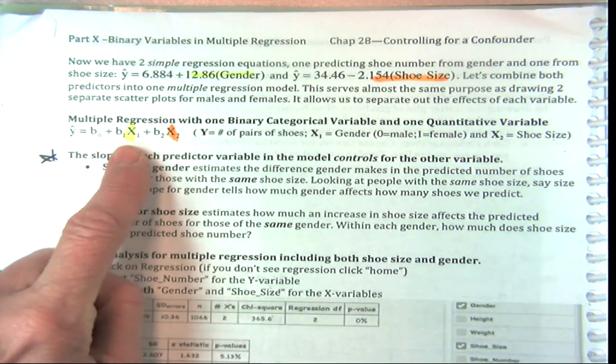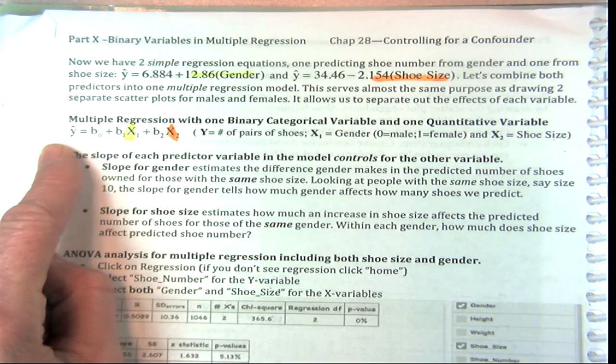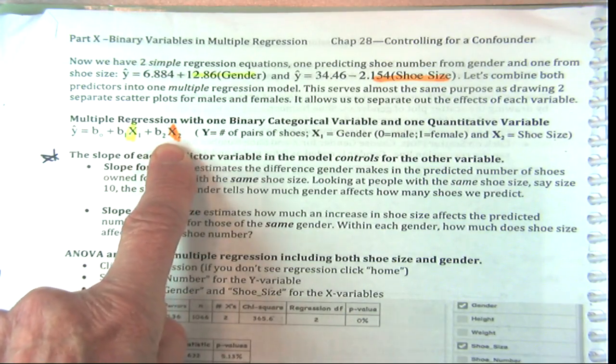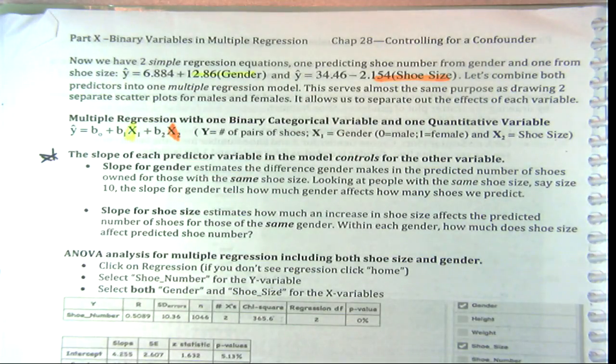So it's the difference that gender makes on how many pairs of shoes people buy, controlling for shoe size. So that means, for example, I have a shoe size of 10. So, women who have a shoe size of 10 would be compared to guys who have a shoe size of 10. And we'd see how much the difference in gender makes for the same shoe size. Same with shoe size of 9, same with shoe size of 11, etc.